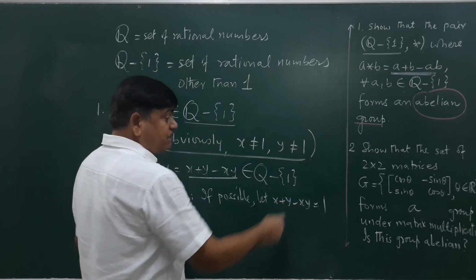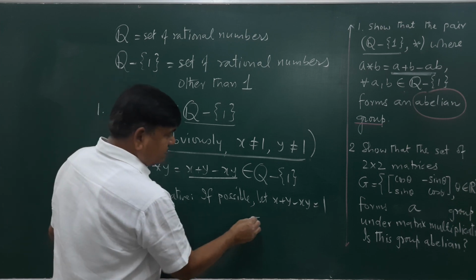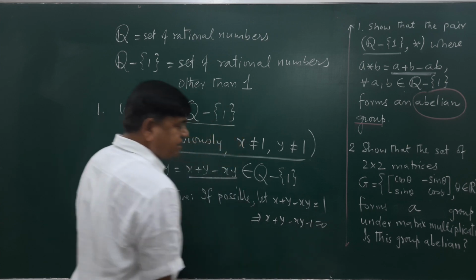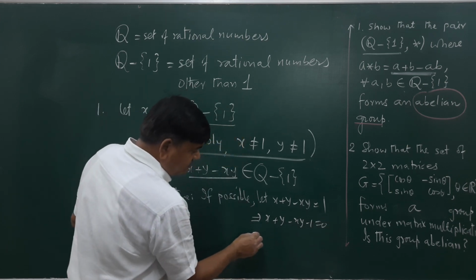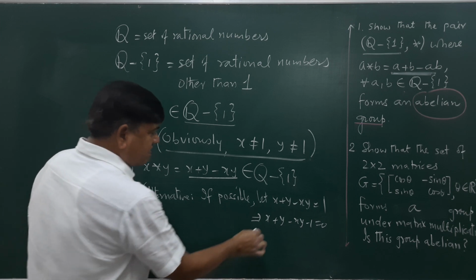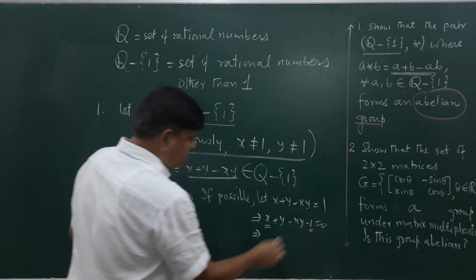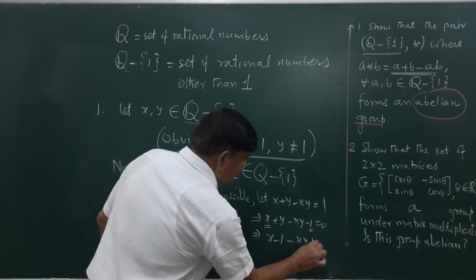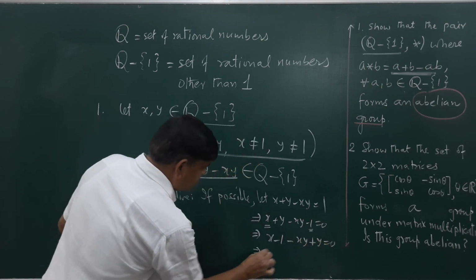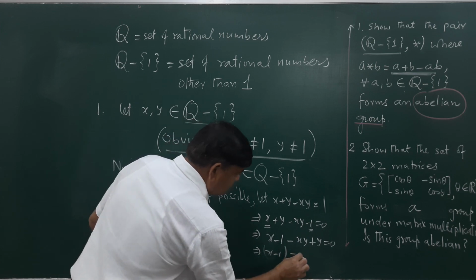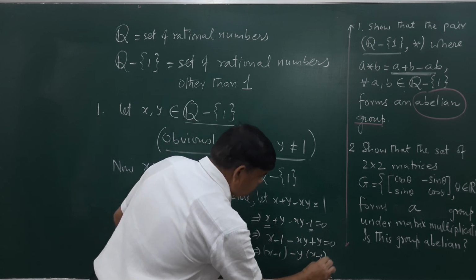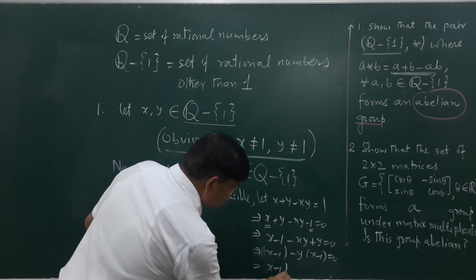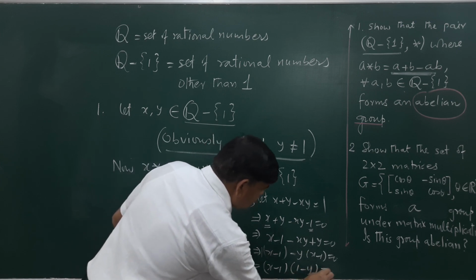If possible, let x plus y minus xy equal to 1. This implies x plus y minus xy minus 1 equals 0. I consider the pair here, taking this and this together. So it is x minus 1, then minus xy plus y equals 0. Then it is x minus 1 minus y common, then x minus 1. Then it is 1 here, so it is (x minus 1)(1 minus y) equals 0.